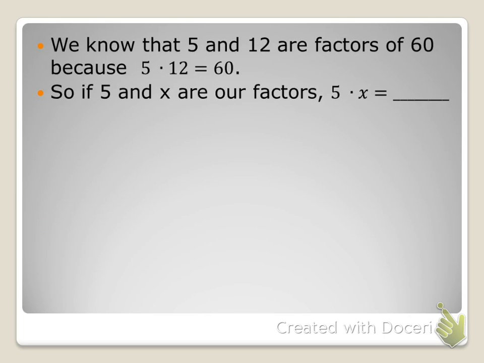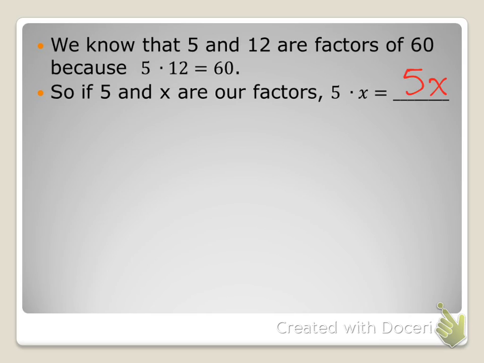Okay. We know that 5 and 12 are factors of 60 because 5 times 12 equals 60. So if 5 and x are our factors, 5 times x equals... Don't make it harder than it is. How would we read 5 times x? 5x.